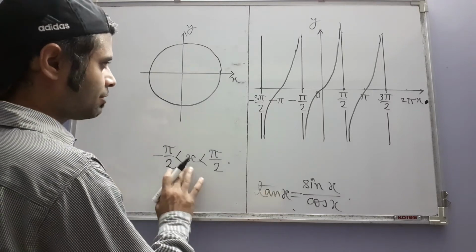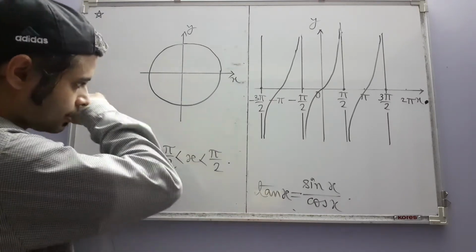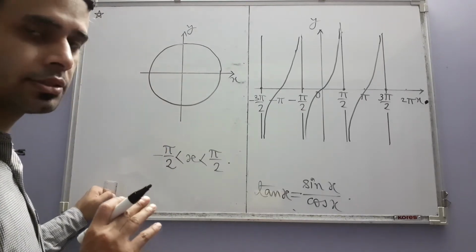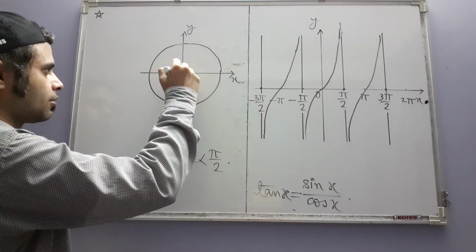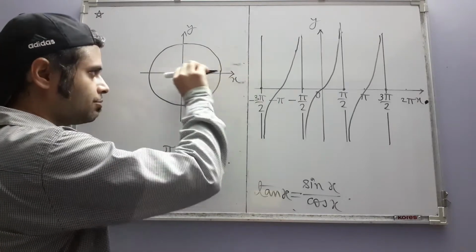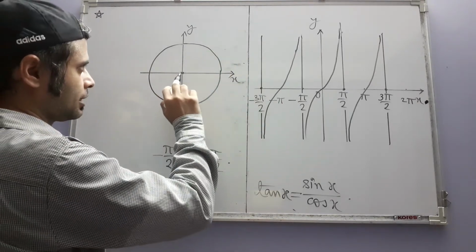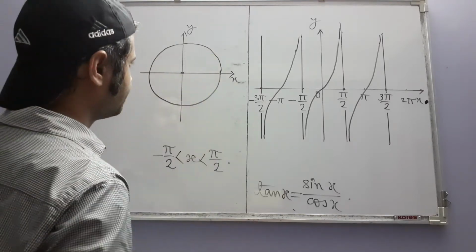Now what we have learned in the previous video when we defined these functions is that first of all you need to imagine the angle in its standard position, that is the vertex of the angle should lie at the origin and the initial line of the angle should coincide with the positive x-axis, and then based on what the terminal line is, you then have the trigonometric functions.